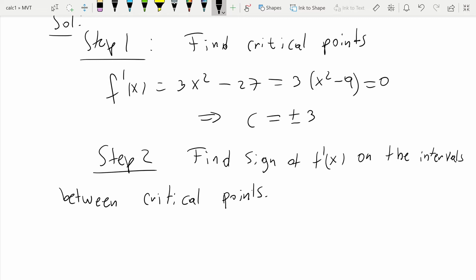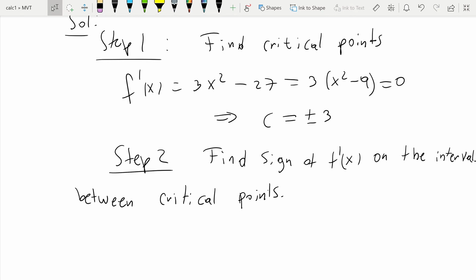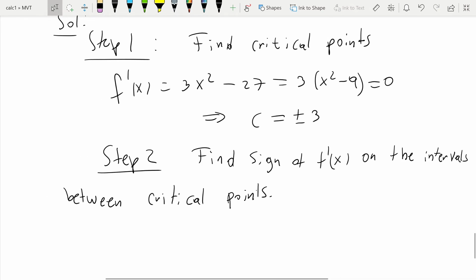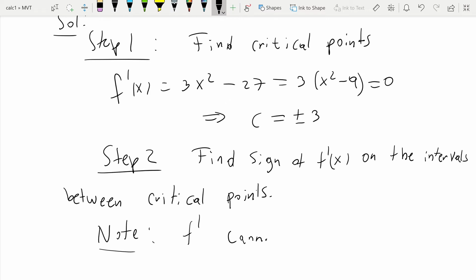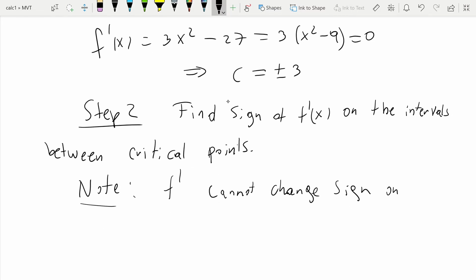Okay, so now we need to notice something here that is useful. From most applications, in particular applications where the function is a polynomial, since it's differentiable everywhere, it is continuous, and the derivatives are going to be continuous as well. So f prime cannot change sign between consecutive critical points on the interval.